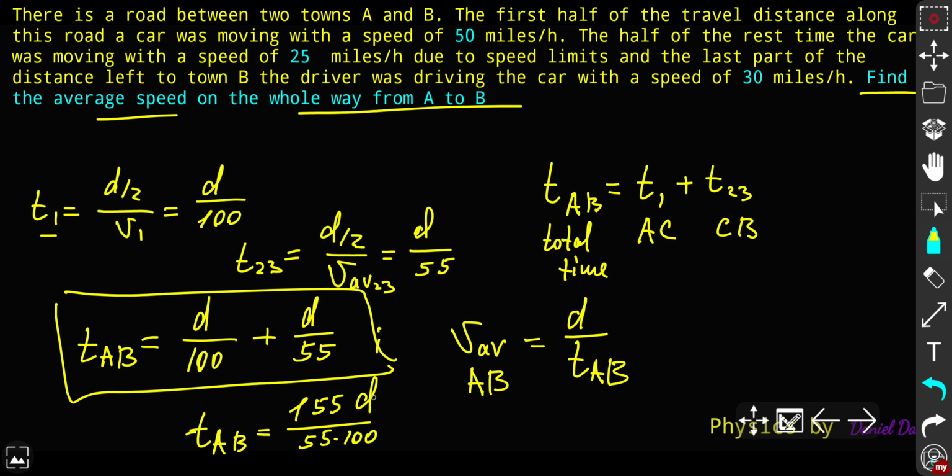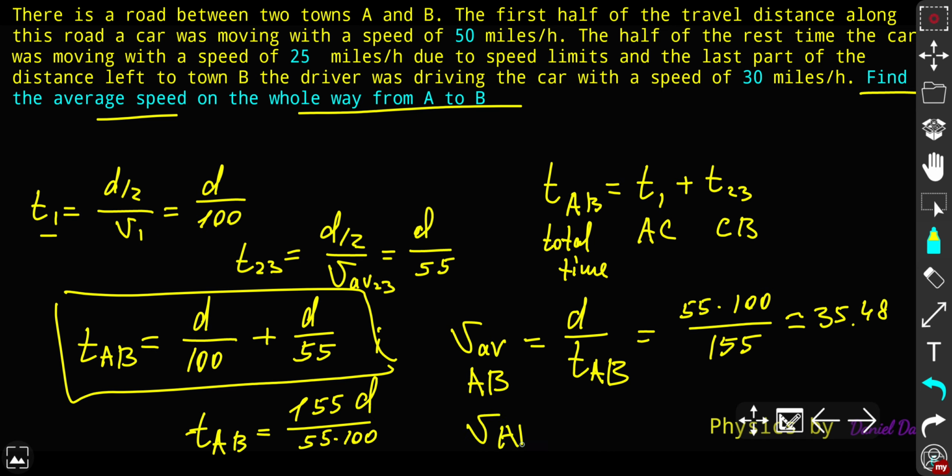So d over TAB is simply 55 times 100 divided by 155. If you calculate that, let's check the answer. What's the average speed you'll have? 5500 over 155, and you'll get around 35.48.